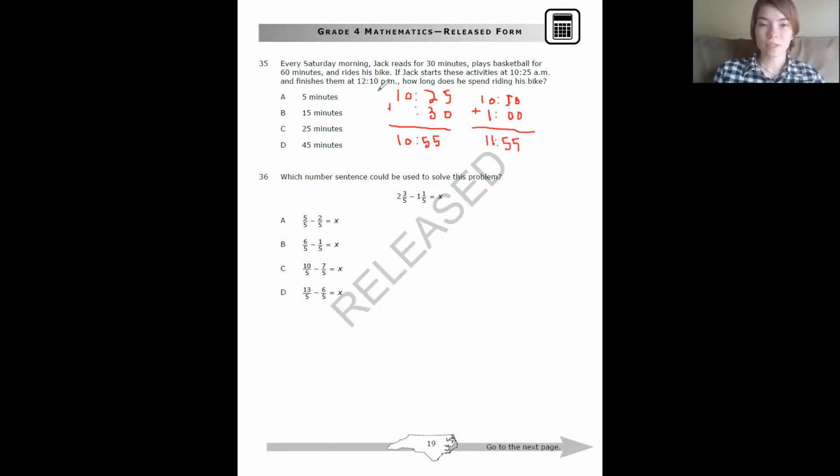Now we know that he finishes all 3 activities at 12:10 p.m. So he can use the remaining time between 11:55 and 12:10 to ride his bike. So from 11:55, 5 minutes from then, it'll be 12 o'clock. 10 minutes after 12 o'clock, we'll hit 12:10. So altogether, there's 15 minutes between 11:55 and 12:10. So he has 15 minutes to ride his bike.